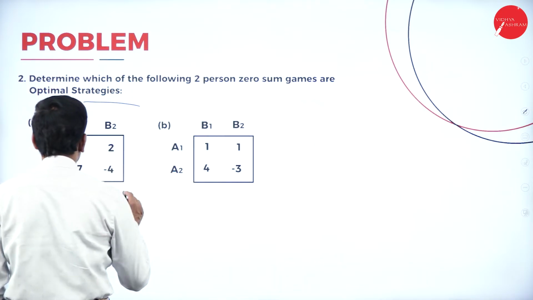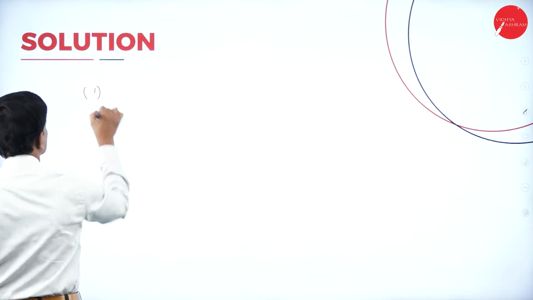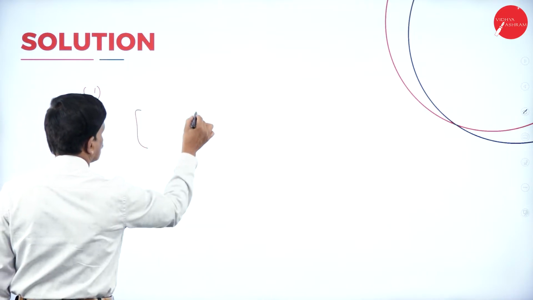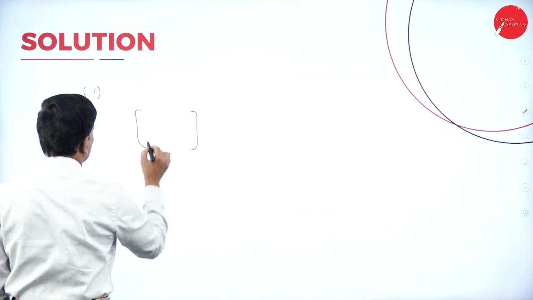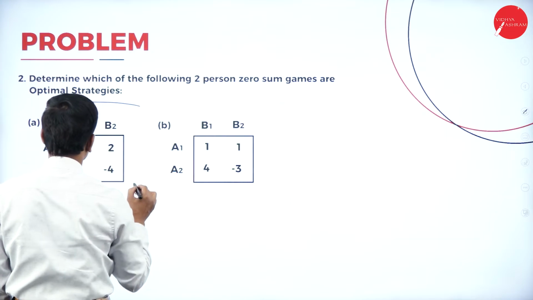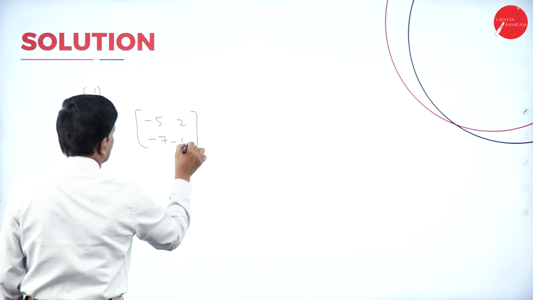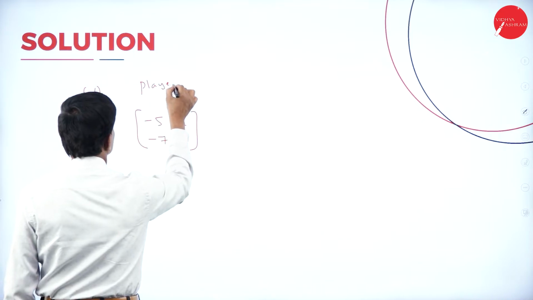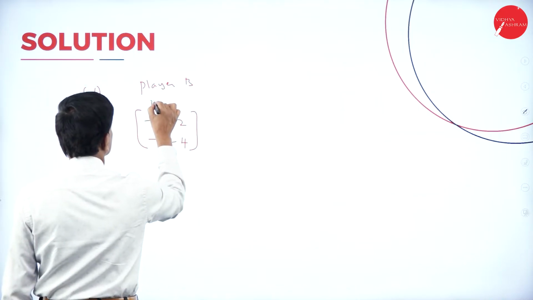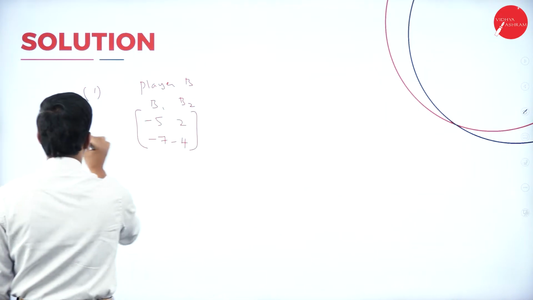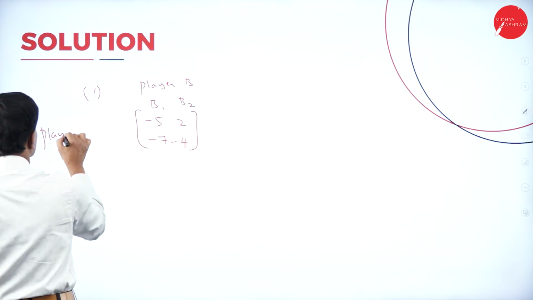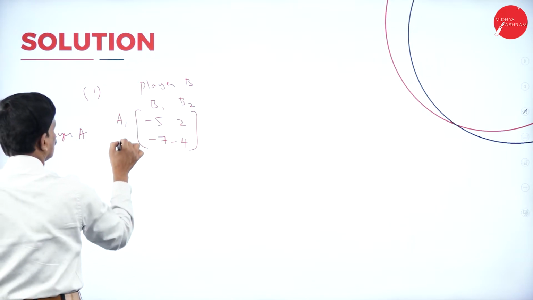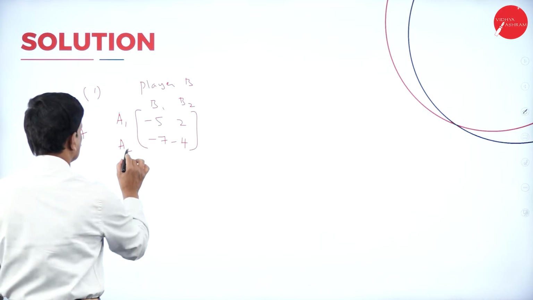We have player A and player B. Here, this is the first one. What we have is -5, 2 and -7, -4. This is player B with B1 and B2, and player A with A1 and A2.